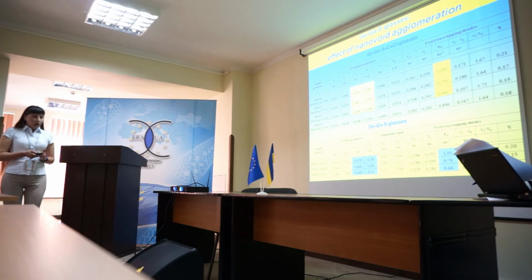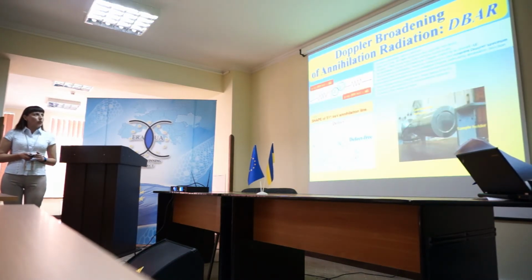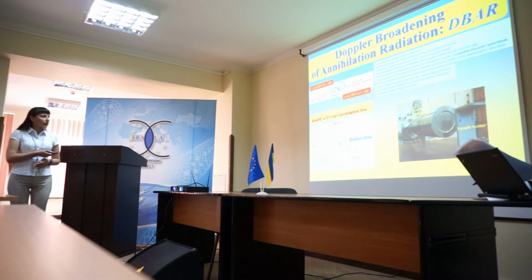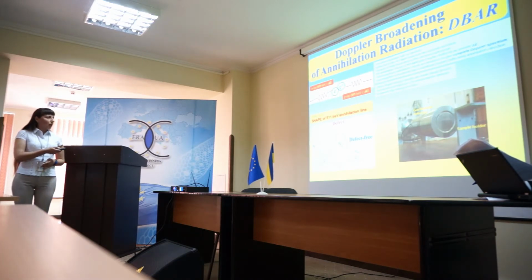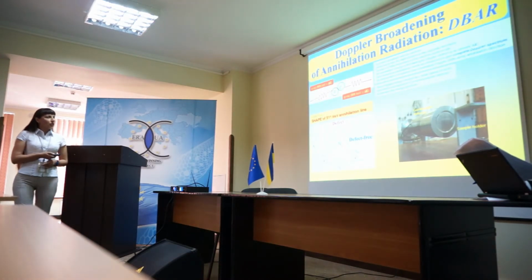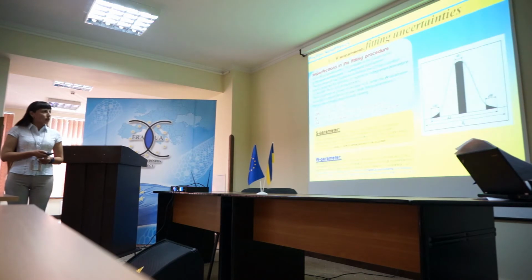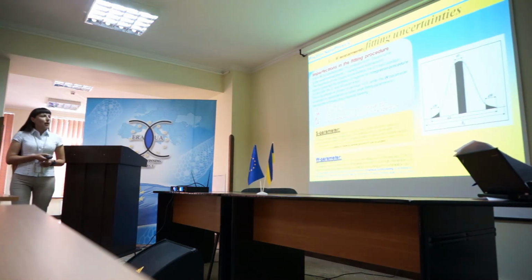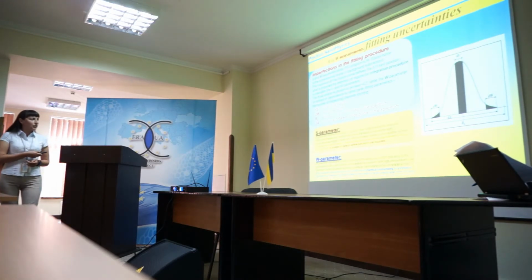In addition to the positron annihilation lifetime method, we use Doppler broadening of annihilation radiation. In this case, we analyze the annihilation line with maximum at 511. And for treatment of this result, we used a fitting process, and in the next step we analyzed S and V parameters.